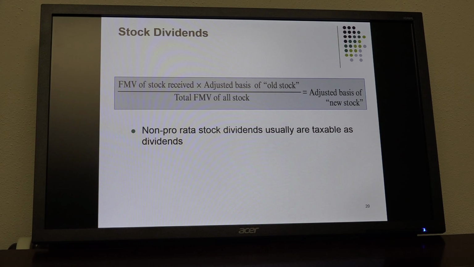And so in that case, even for those who receive stock, because it's a non-pro rata stock dividend, it's a taxable event and it's taxed as a dividend.